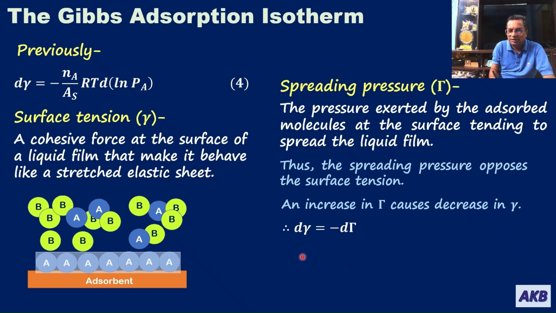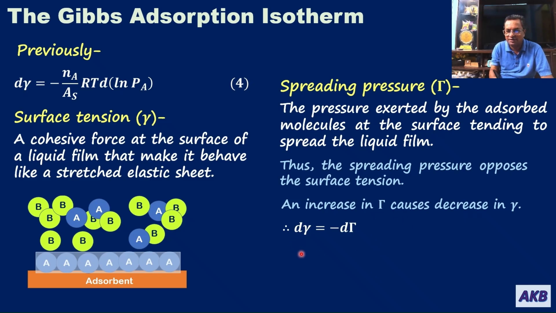So you can relate this behavior by this mathematical equation: d small gamma is equal to minus d capital gamma, because they are acting in opposite ways. Surface tension tries to keep the liquid film intact, whereas spreading pressure tends to spread the liquid film.